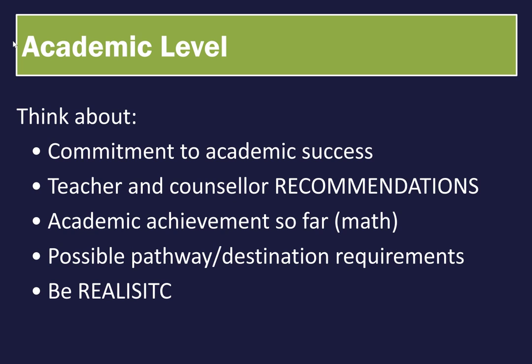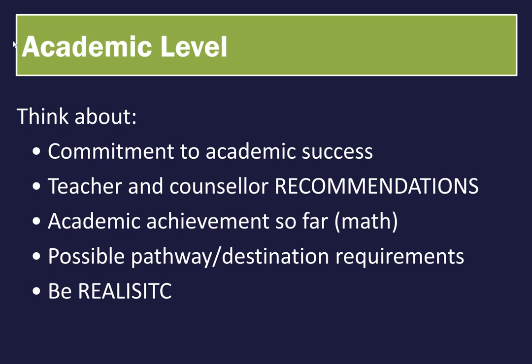When you're choosing your academic level for your courses, please think about your commitment to academic success. Okay, how committed are you to getting the marks that you need? Your teacher and counselor recommendations. If you don't know what level you should be taking a particular course, you should ask your teacher in that course. If you don't know what level math you should be taking based on your performance, ask your teacher for that help. You should look at your academic achievement so far.